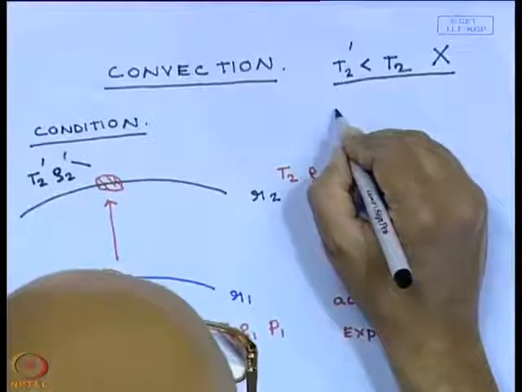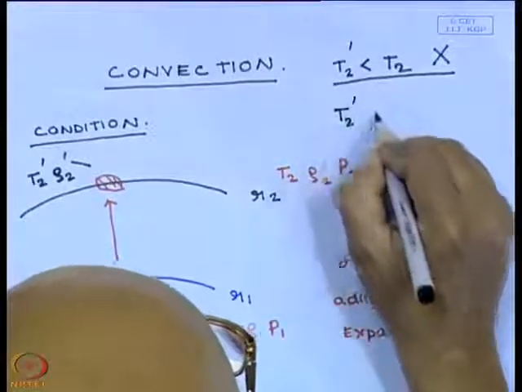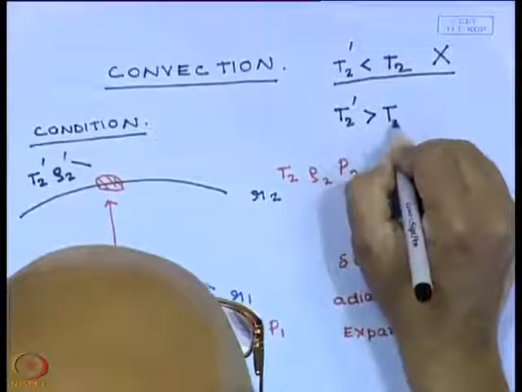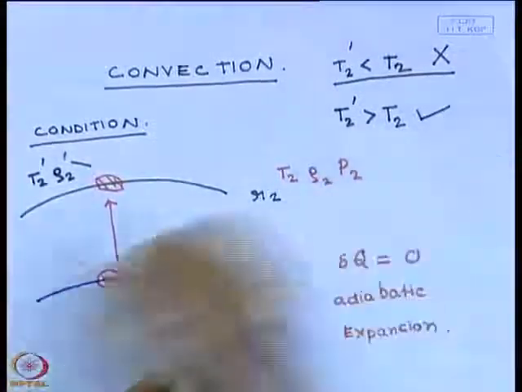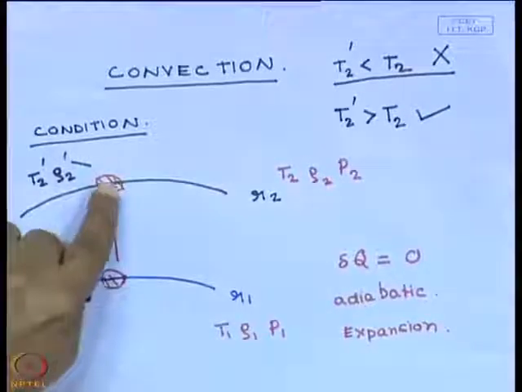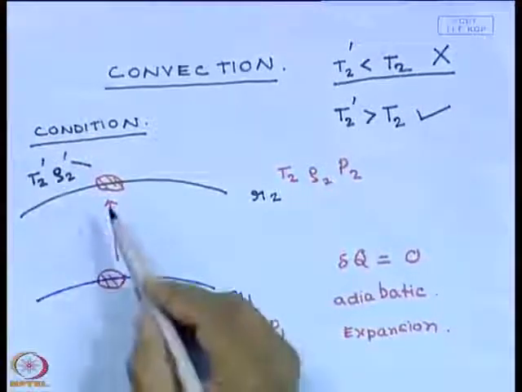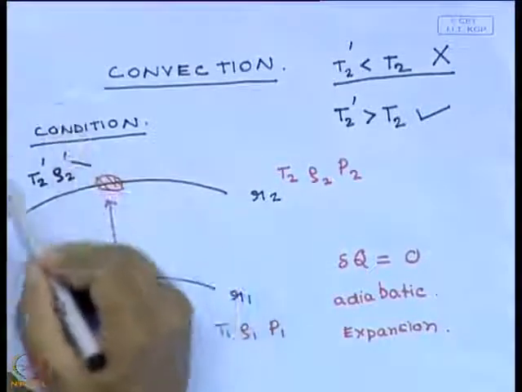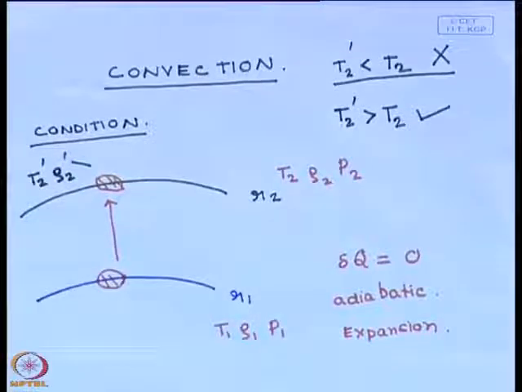So, if T2 prime is greater than T2, it is going to experience an upward buoyancy force, it is going to move up and it will continue to move up, and you will have convection setting in. Okay, so you will have convection.